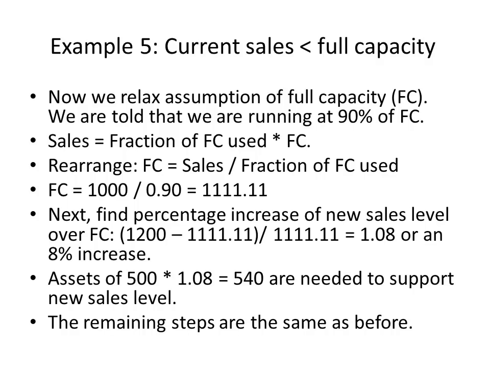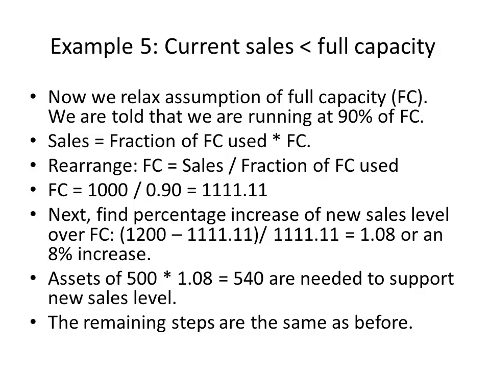1,000 divided by 0.9 is equal to 1,111.11. Actually, that 1 just keeps repeating forever, but we'll shorten it to 2 decimal places here. Next, we're going to find out what percentage increase our new sales level represents over full capacity. Recall that we said full capacity is 1,011.11.